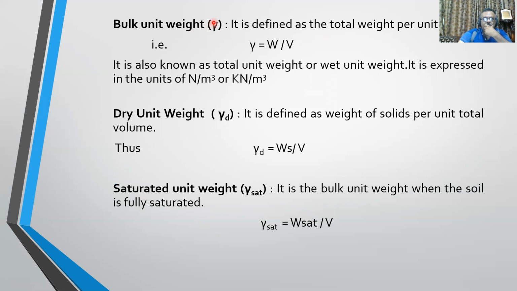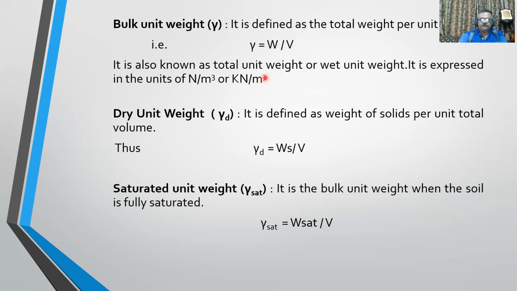You have the units of bulk unit weight, dry unit weight, saturated unit weight, submerged unit weight, and unit weight of solids. In case of mass density, you have taken the sign rho, but in this case, you have to take the sign gamma. So in this case, there is a total weight. You have to take the total weight and total volume.